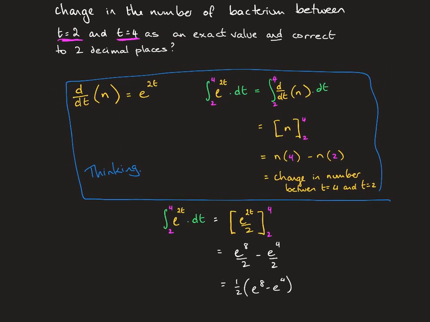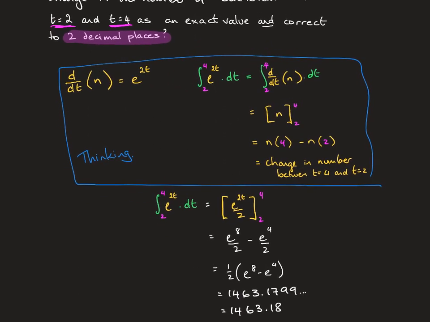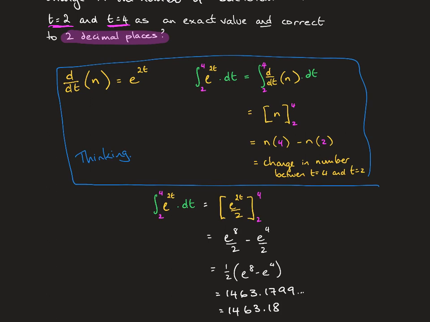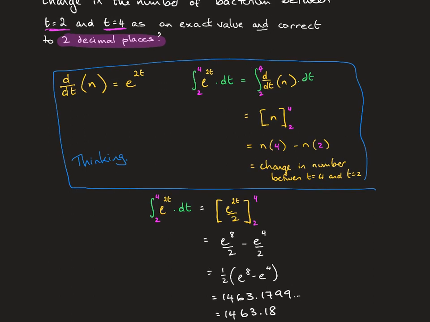It was to 2 decimal places. And so we'll use our CAS calculator to do that. And when we do, we get 1463 and some other decimal places. That when we round it to 2 decimal places becomes 1463.